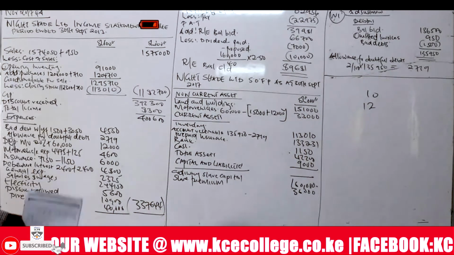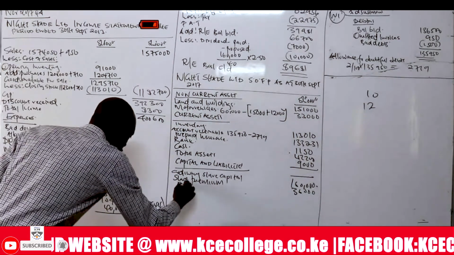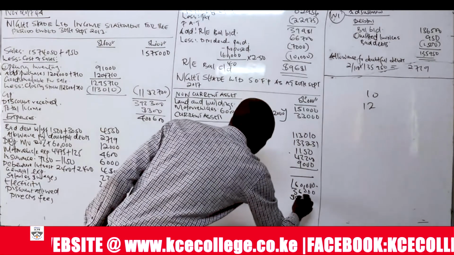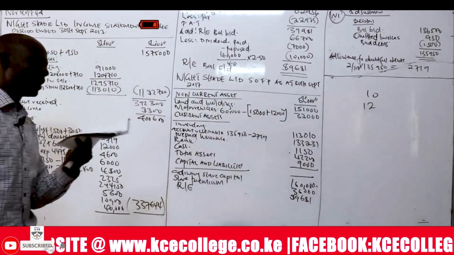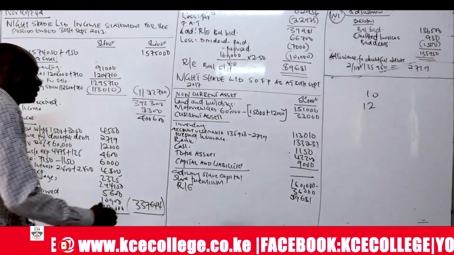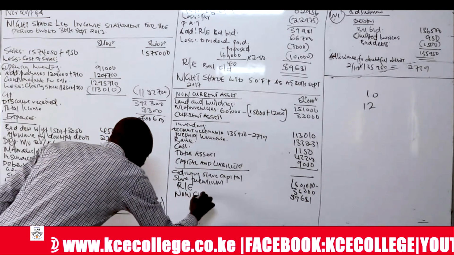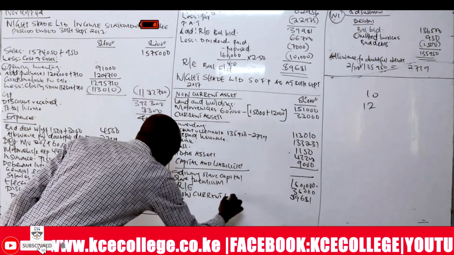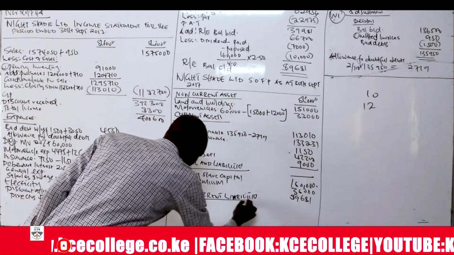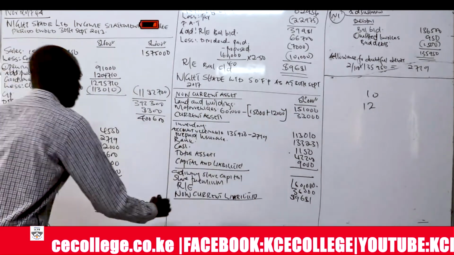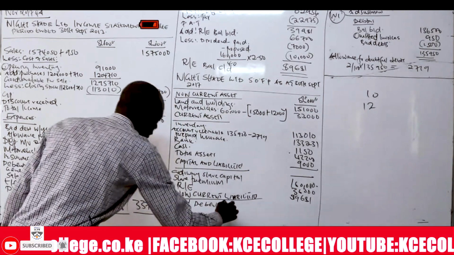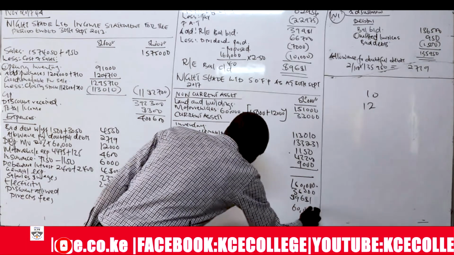And then we have retained earnings balance carried down or revenue reserve, this one, 89,681. And then we have non-current liabilities. We have 8% debentures, which is how much? 60,000.